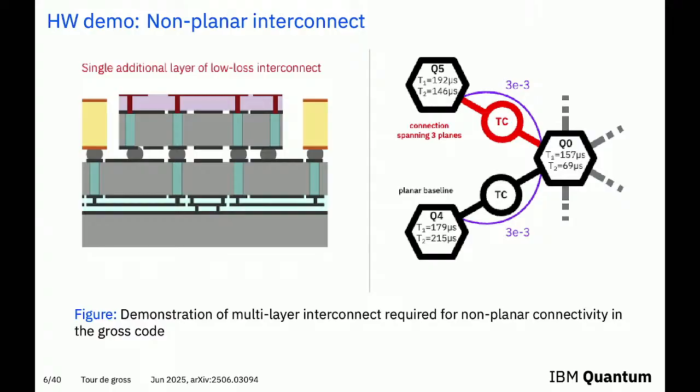Here on the left, you can see that on the chip, we add an additional layer of interconnect on top. That's that second layer. The experiment showed that versus a planar interaction, the biplanar interaction, the one that uses this interconnect, also has a similar gate fidelity.